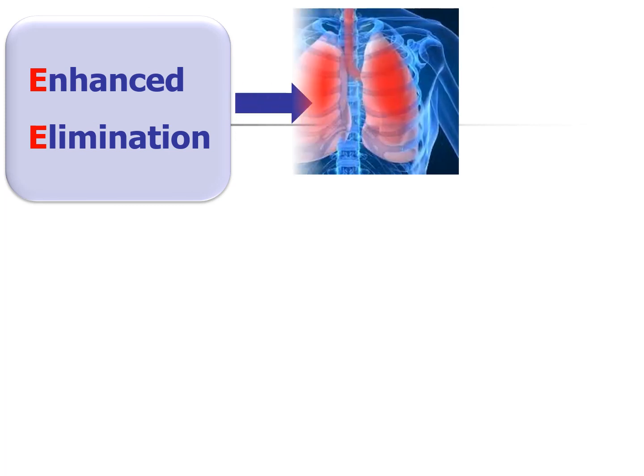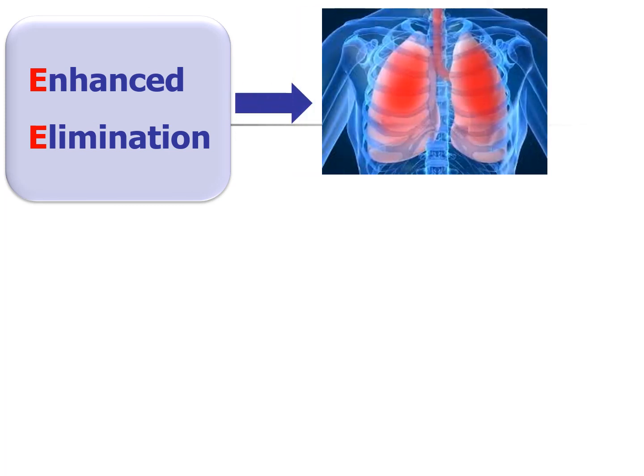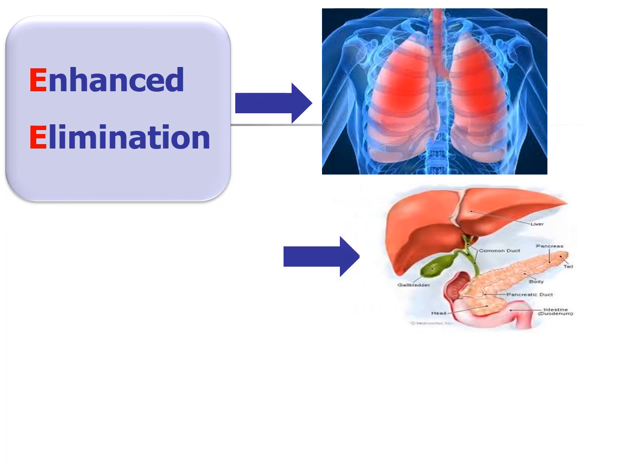So poisons eliminated normally through the lung can be enhanced by increasing rate and depth of respiration. Toxins eliminated through bile can be enhanced by using multiple doses of activated charcoal, and most poisons are eliminated through the kidney.